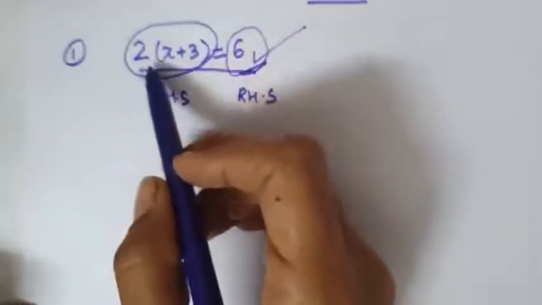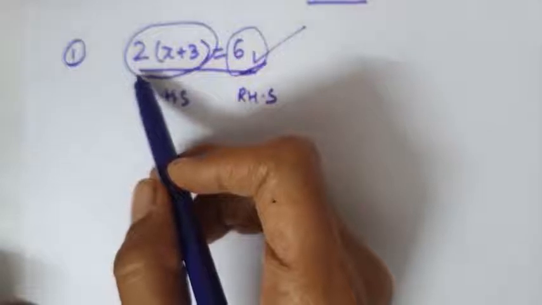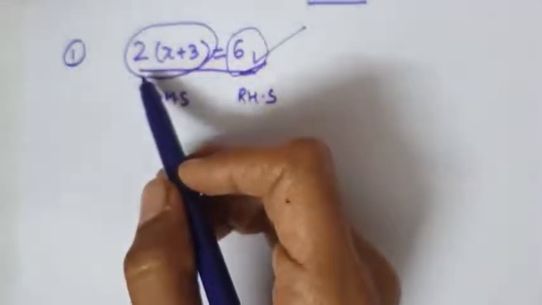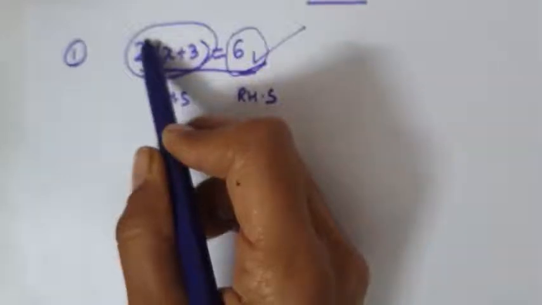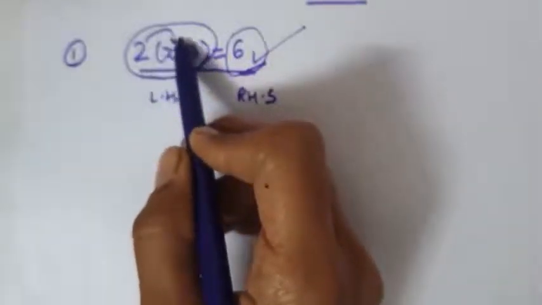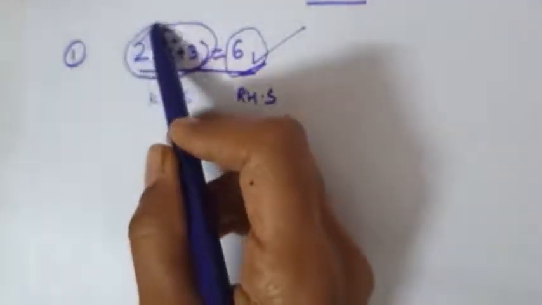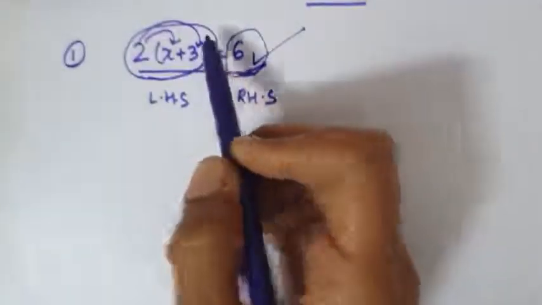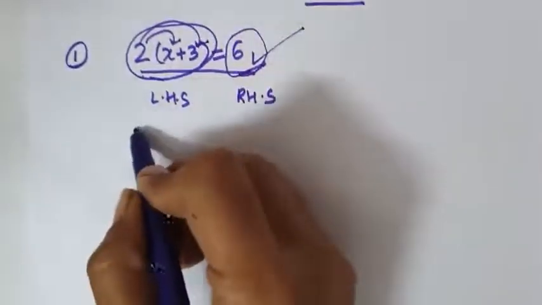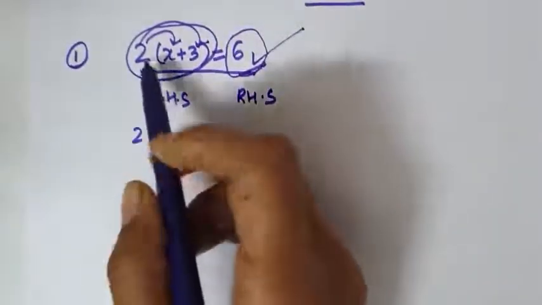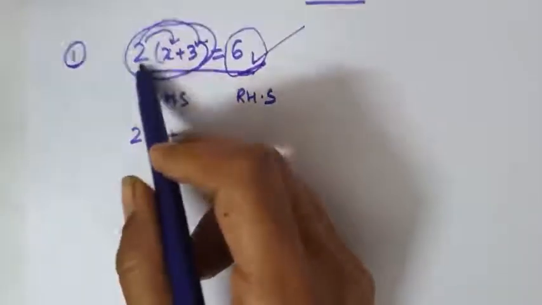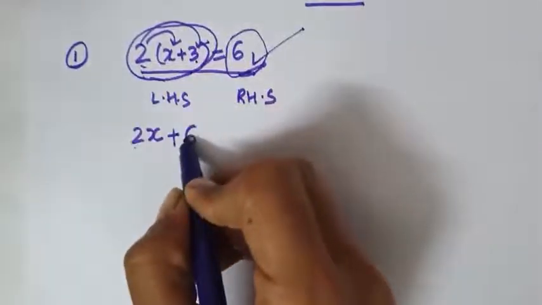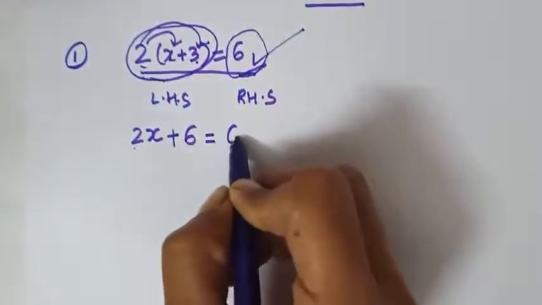Now we have just discussed in the first video how we can multiply expressions. Now this 2 will first multiply with x, then it will multiply with 3. So what do we get? 2 multiply x is 2x, plus 2 multiply 3 is 6, equals to 6.